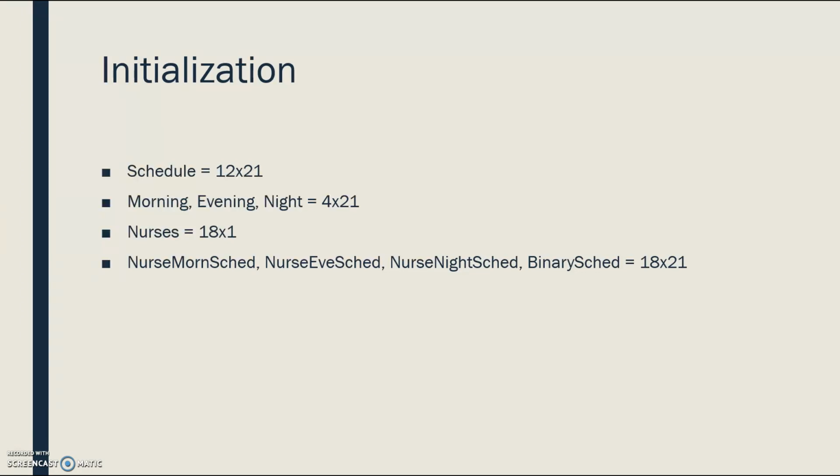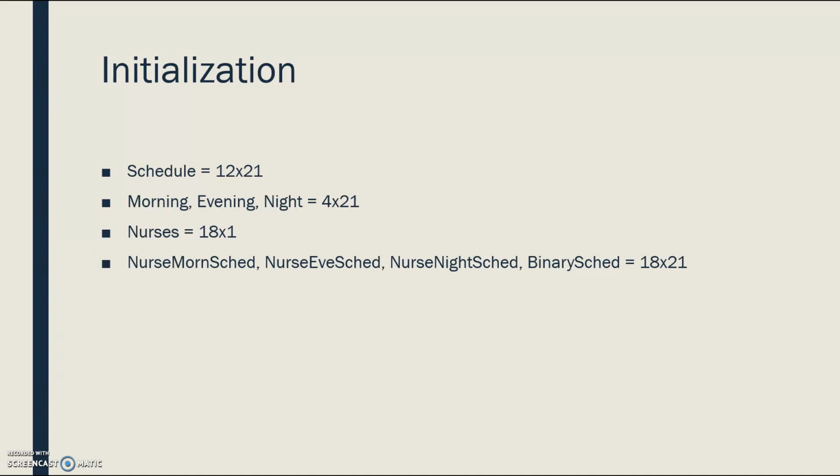So the schedule is actually made up of the morning, evening, and night matrices stacked on top of each other. So the schedule rows 1 through 4 is the morning, 5 through 8 is evening, and 9 through 12 is night. Nurses is just an 18 by 1 array, and we use it for counting later. And then the nurse morn schedule, nurse eve schedule, nurse night schedule, and binary schedule are 18 by 21s, 18 for the number of nurses, 21 for the number of days.